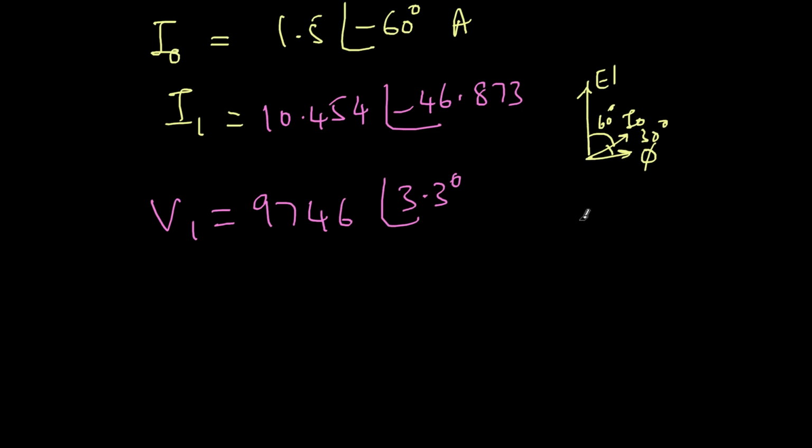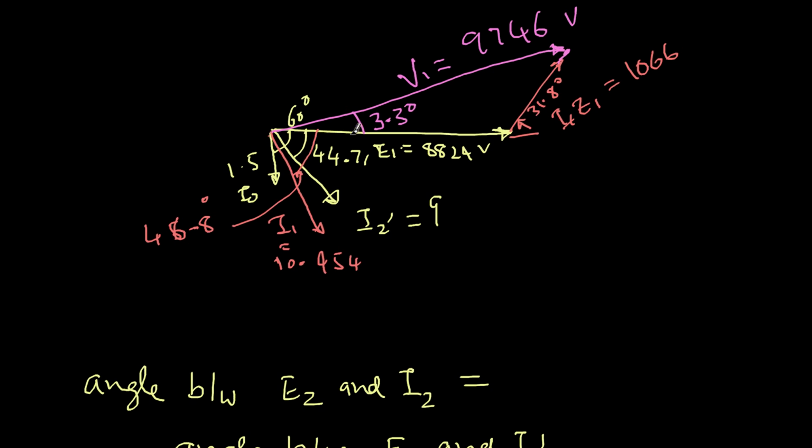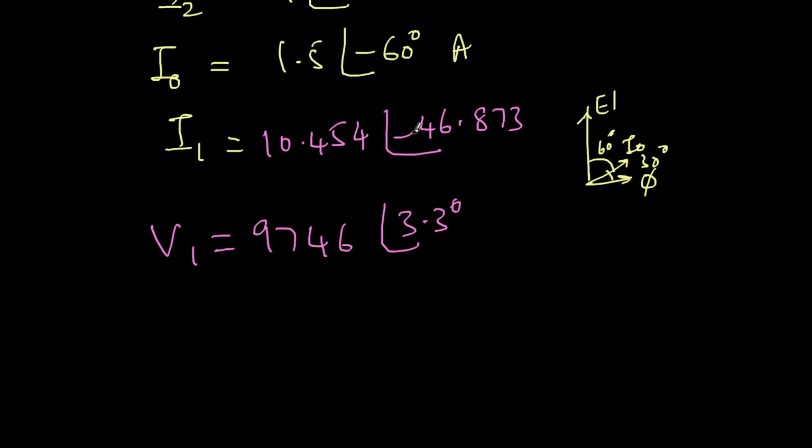So if you notice, this is 46.873 here I'm mentioning. So this angle plus this angle is the total angle between, this is phi 1. So that will be just the addition of these two. Although the minus indicates it is going downwards and this is upwards, so these two we have to add.